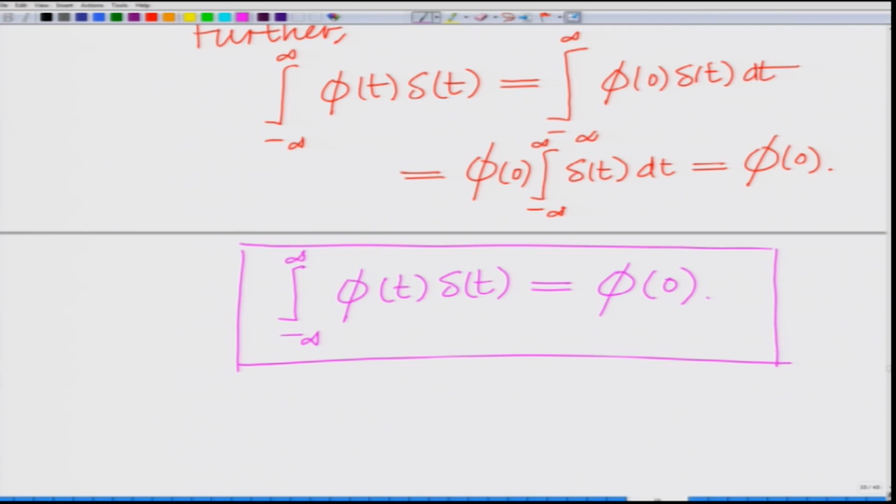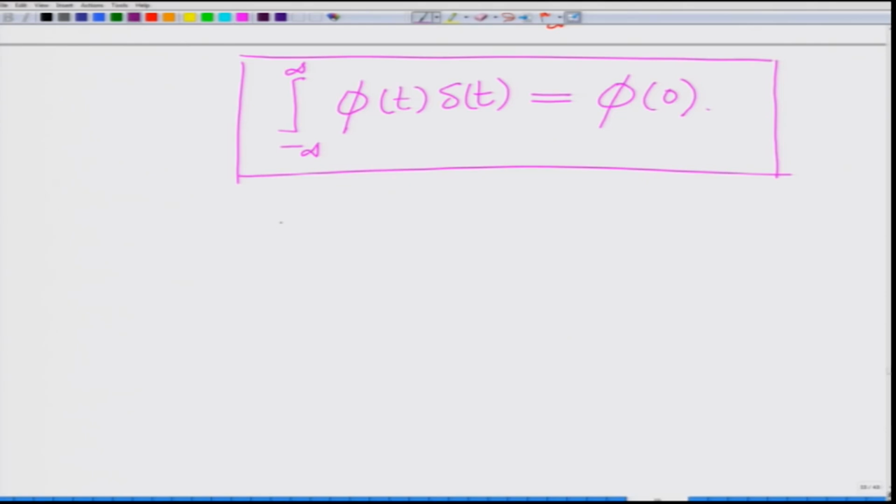So that is for any function phi which is continuous at t equal to 0. Now, let us consider a shifted version of this impulse, shifted to t naught, that is delta t minus t naught. Naturally, this is 0 for every t not equal to t naught.